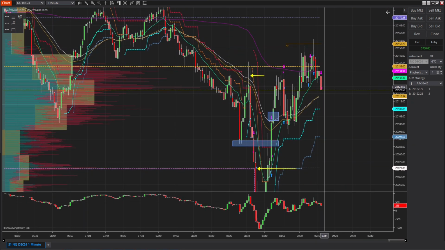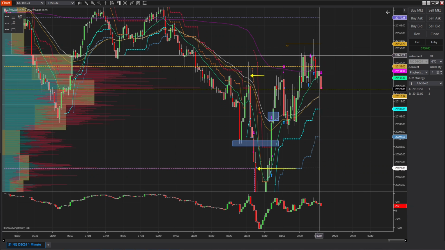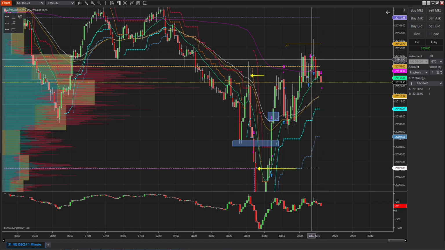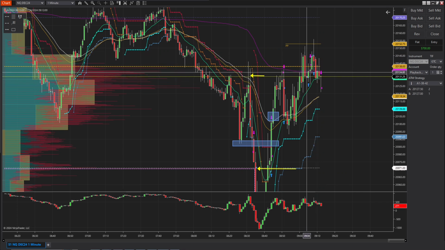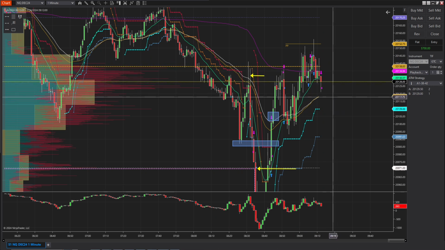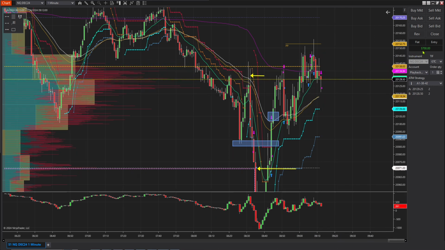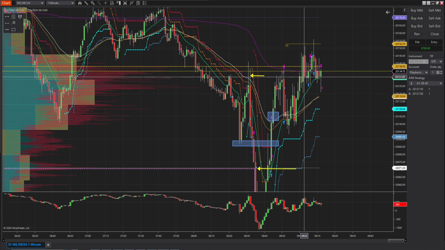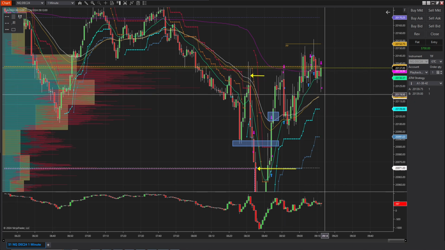A couple of mistakes happened here. One, I did not wait for this bar to close. Secondly, this is not a good location, wait for this, at least use this candle. Thirdly, I increased the original stop, and that's why this loss is also more. If I had taken this with the original stop, that would be a better location.